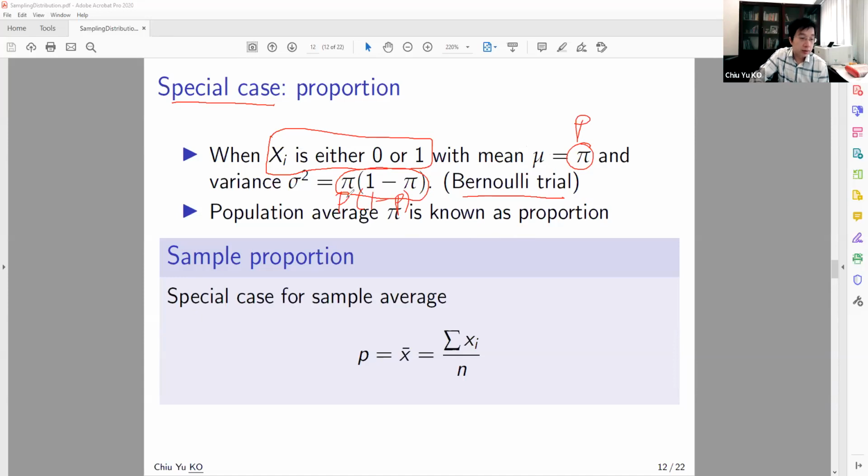The population average is pi here, usually called the proportion. The sample mean, usually called P, is just the sum of the xi over n, so it is between 0 and 1. And the sample average, or sample proportion, will be just what we have just said.